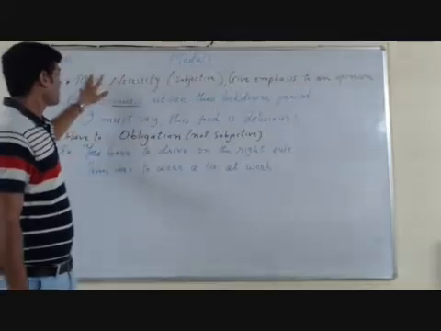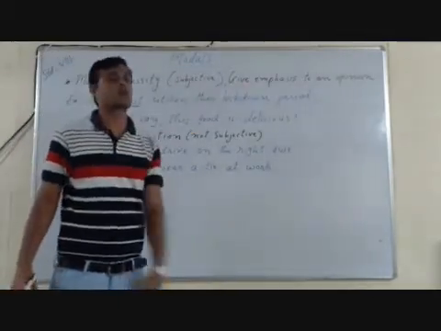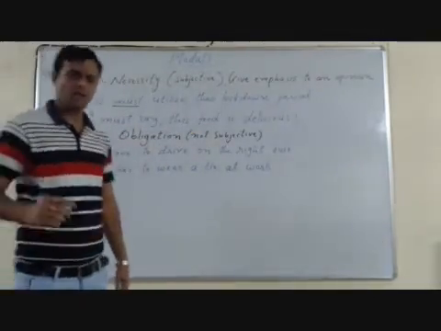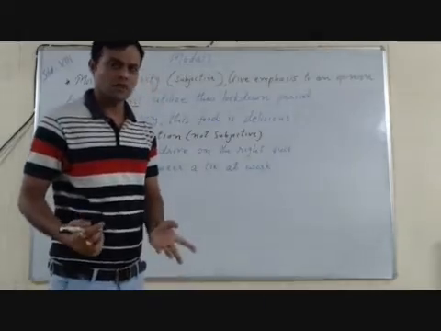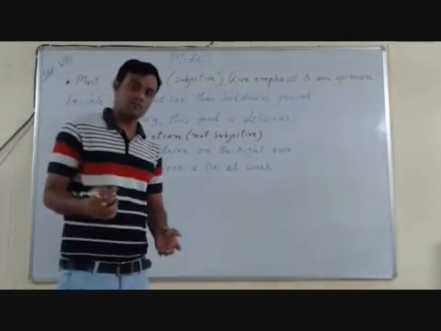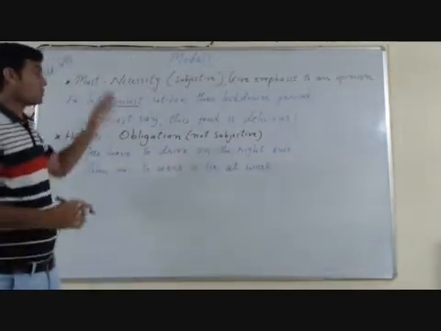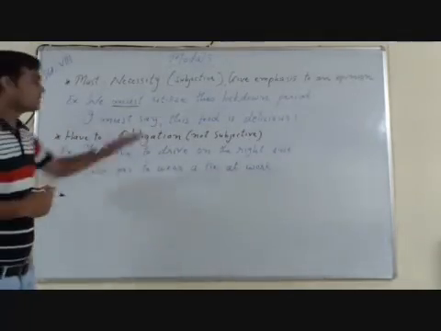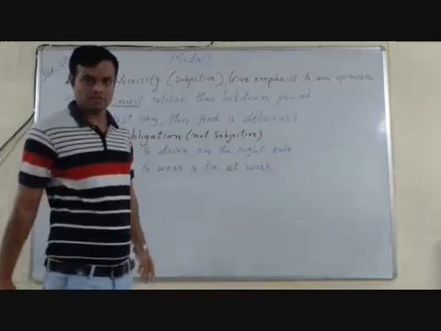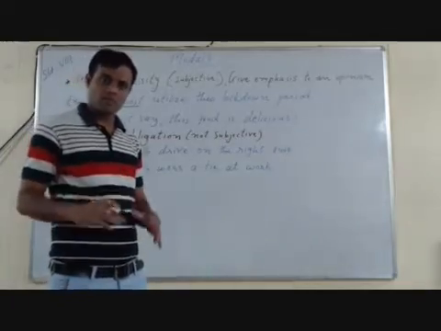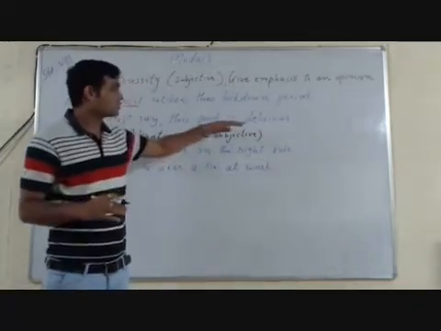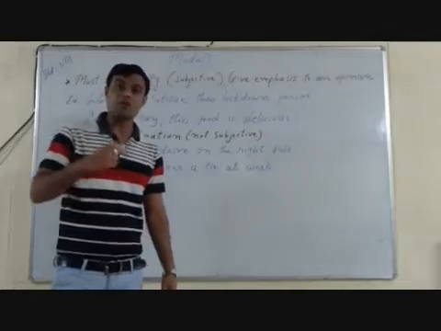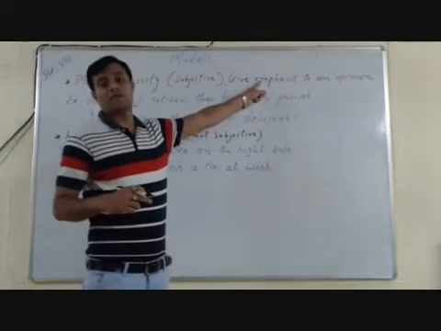Second use of must, that is to give emphasis to an opinion. Whatever opinion any person gives, if we want to emphasize it, then we can use must. For example, I must say this food is delicious. It means according to me this food is delicious. It means my opinion I am giving more importance.